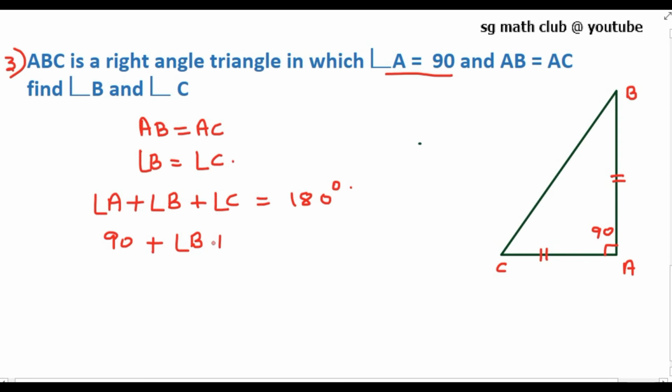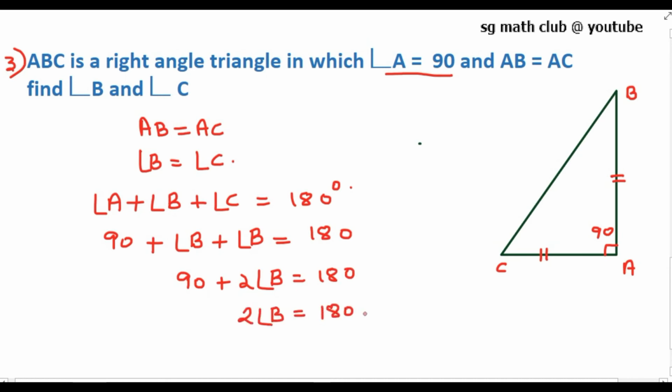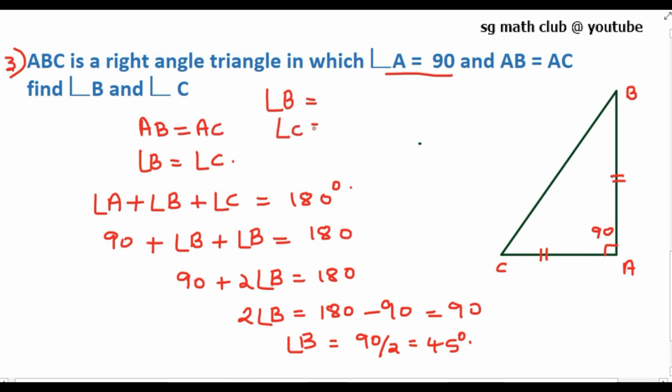Since B and C are equal, instead of angle C, I can write angle B. So 90 plus 2 times angle B is equal to 180, or 2 times angle B equal to 180 minus 90, which is equal to 90, and angle B is equal to 90 divided by 2, which is equal to 45 degrees. Therefore, the value of angle B as well as angle C both are the same, which is equal to 45 degrees.